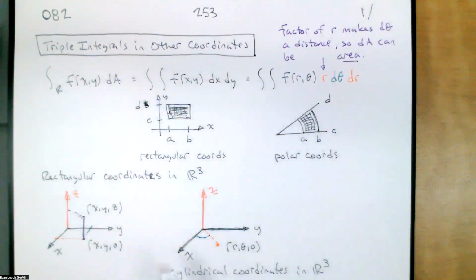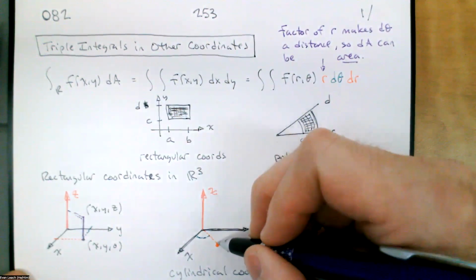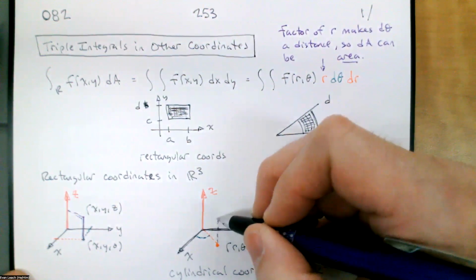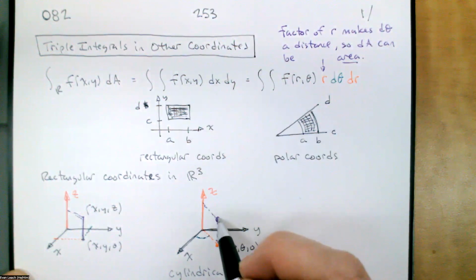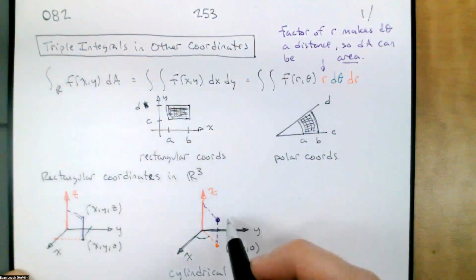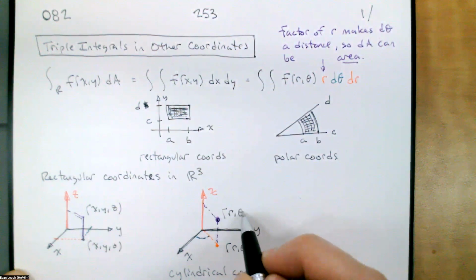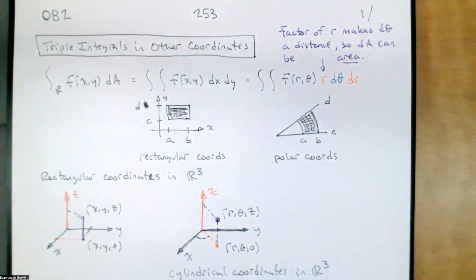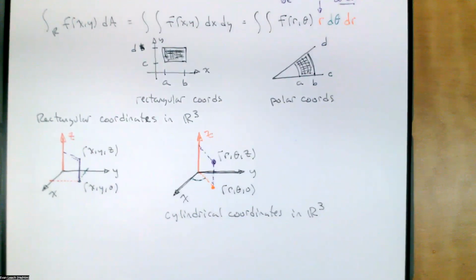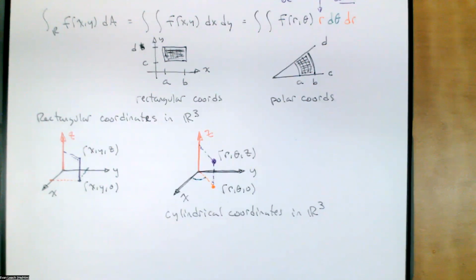And all we're going to do is take polar coordinates, r, theta, and 0, and stick a z-axis on. Rectangular coordinates in R3 is just the XY plane and a perpendicular Z-axis. In polar coordinates, we just take the r theta plane and attach a Z-axis to it.